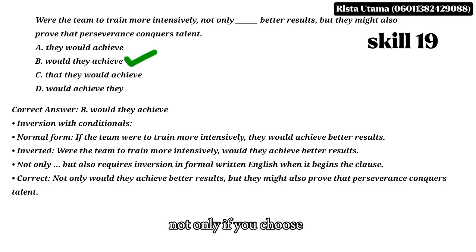If you choose C, "they would active" is not accurate and is ungrammatical here. If you choose D, "would active they" is incorrect word order. So the right answer is B.